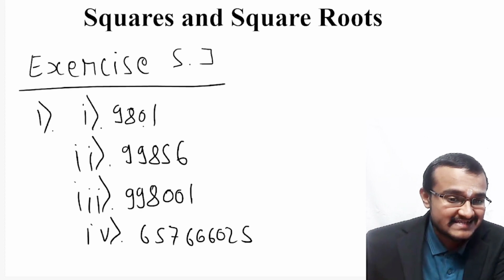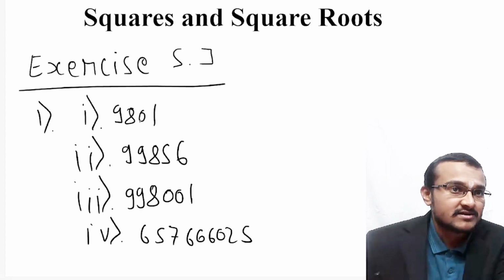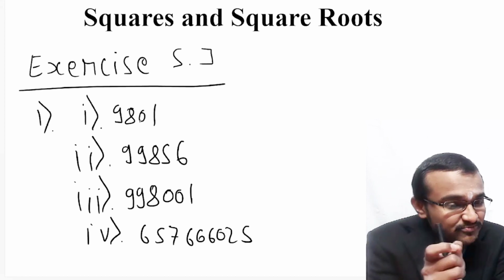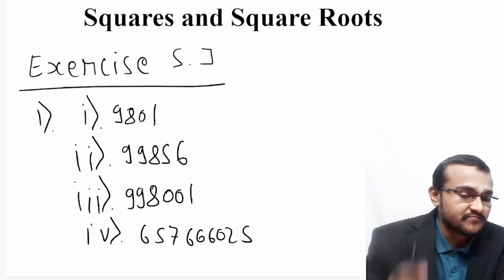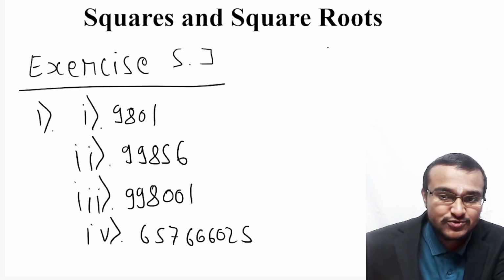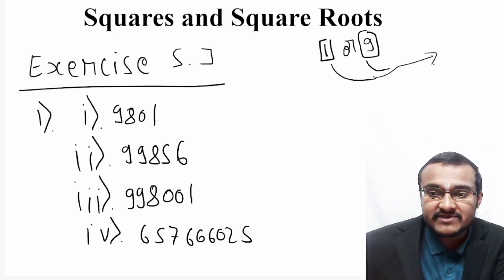So by looking at these particular numbers, you should guess what might be the square root of this number, what will be there in the unit place of that square root number. So if you refer to my previous video, I have mentioned two properties of square roots. Whichever number ends with 1 or 9, its square will be ending with 1.